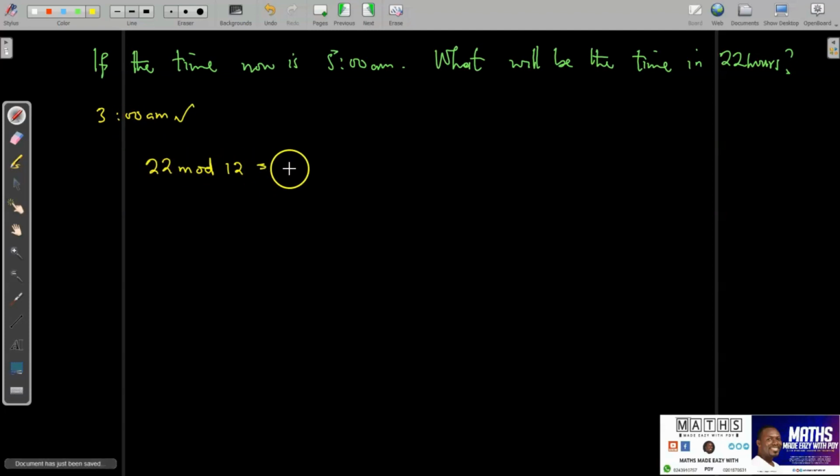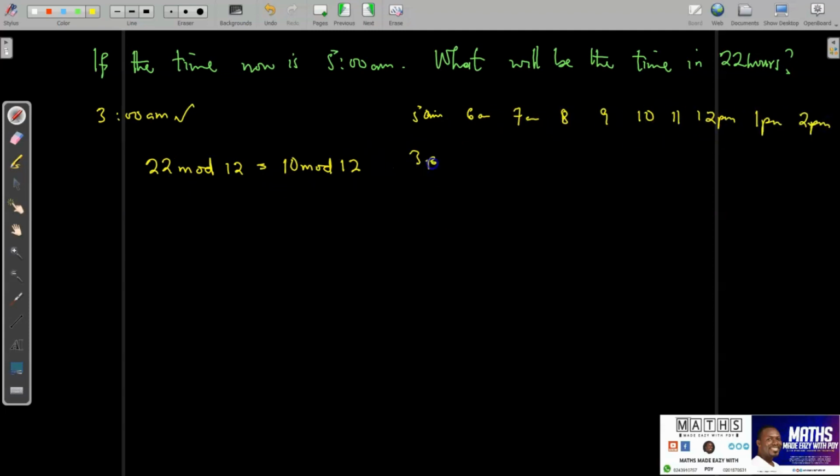22 mod 12, what will you get? 10 mod 12. So getting 10 mod 12, then in this case, your 5 a.m. if you label it, 10, 11, 12 p.m., this is 12 a.m. Then you have 1 a.m., 2 a.m., and then 3 a.m. So when you count, remember the 5 a.m. is where we are starting from.